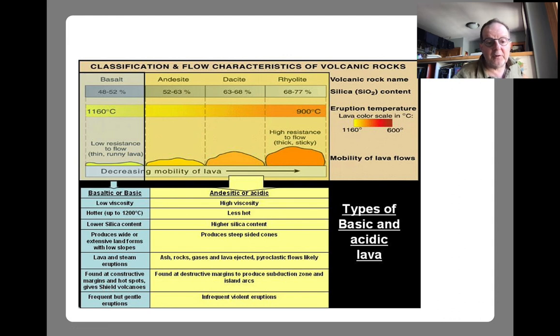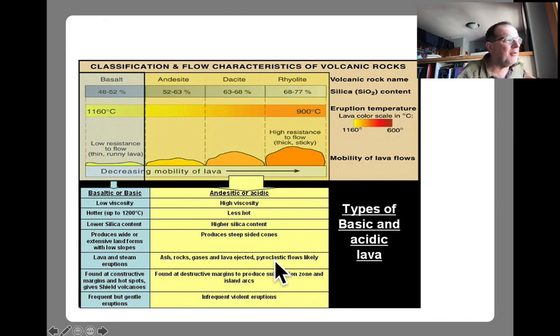The basaltic produces wide and extensive landforms with low slopes. The andesitic and acidic produces steep-sided cones. So this would be your composite volcano. This would be your shield, your basaltic shield, your andesitic composite. Lava and steam eruptions with your basaltic, your ash, rocks, gases, and lava ejected, pyroclastic flows.